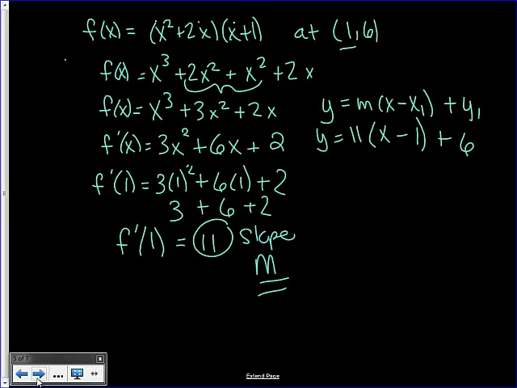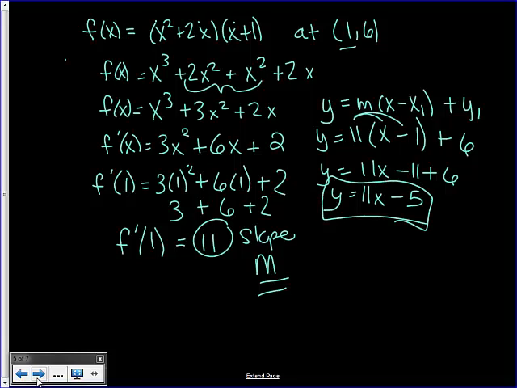This is stuff you've been doing since algebra. So distribute my 11. That gives me y equals 11x minus 11 plus 6. Well, negative 11 plus 6, y equals 11x minus 5. That's all for today.